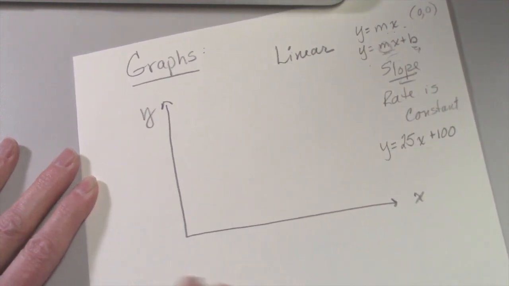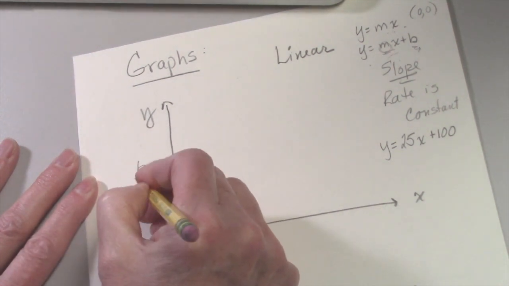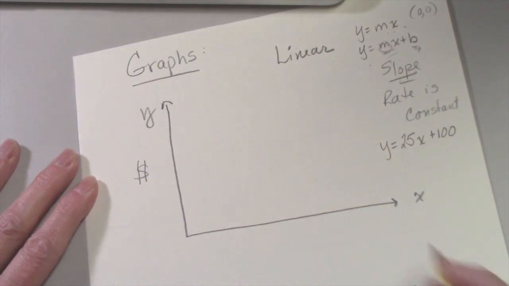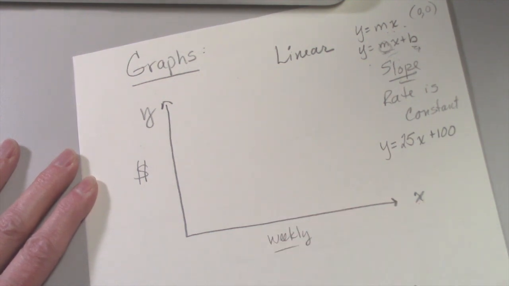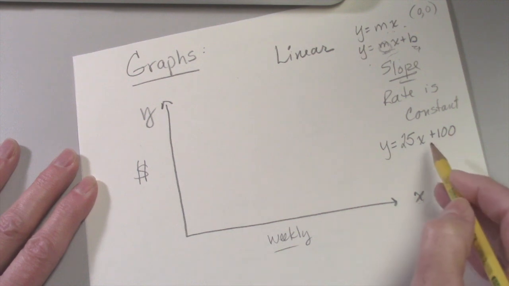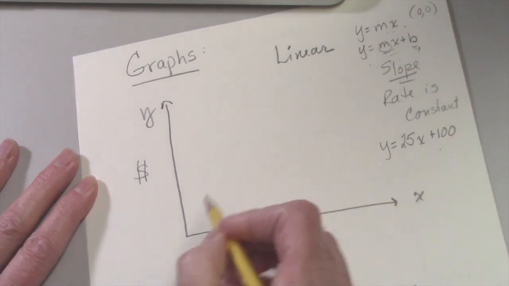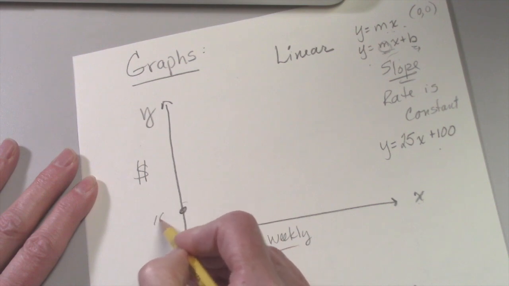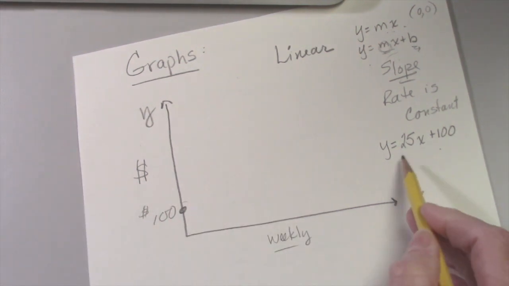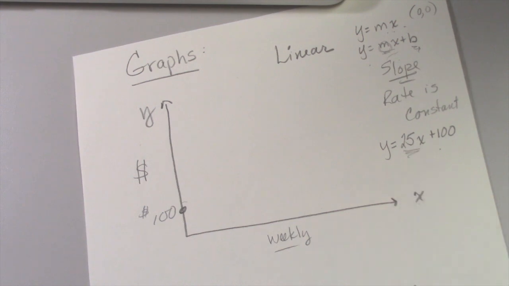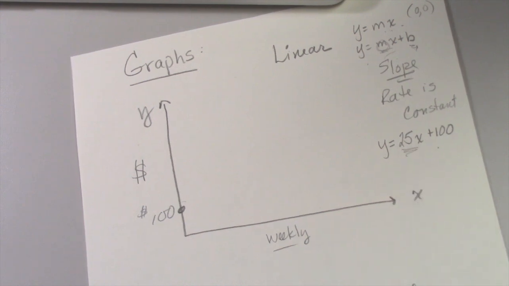If I was to imagine what that would look like on a graph, this side, the y-axis, would represent the money, and this would be the weekly deposit. Where did I start? I opened the account with, let's say, $100, so it's already starting up at 100. But this account would have a constant rate of change of increasing at $25 per week.